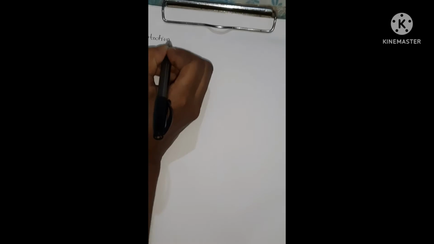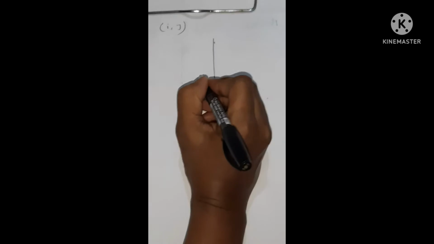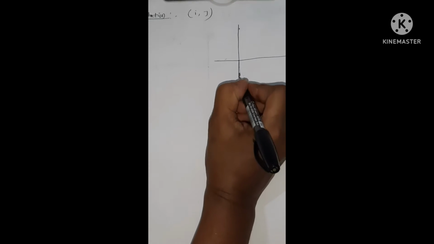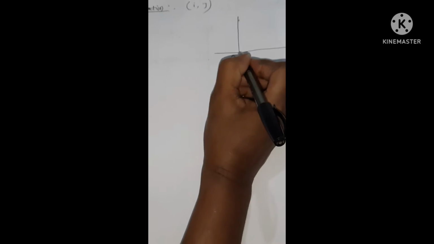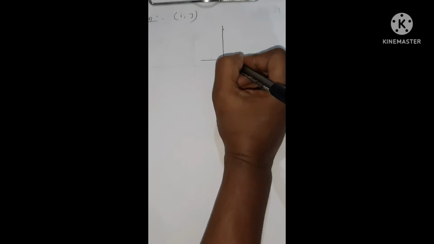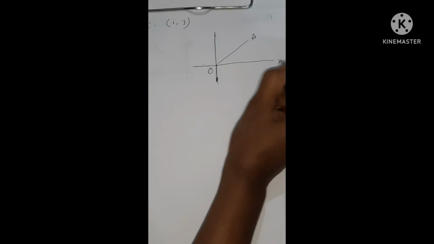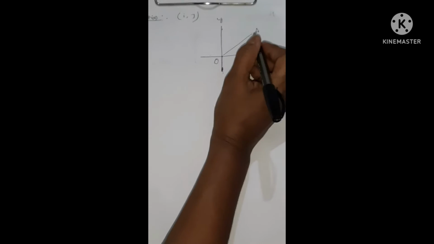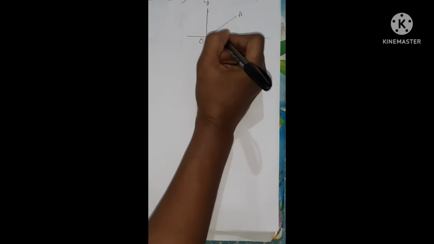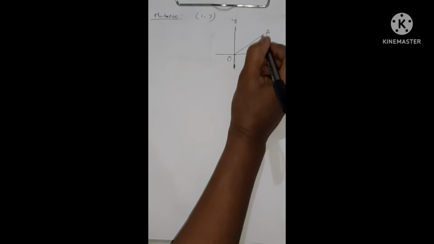Now see the next definition, notation. IJ notation. If O is the origin and A is any point, this is the OX line and this is OY. The position vector of A is OA.